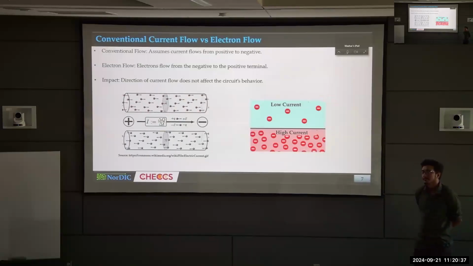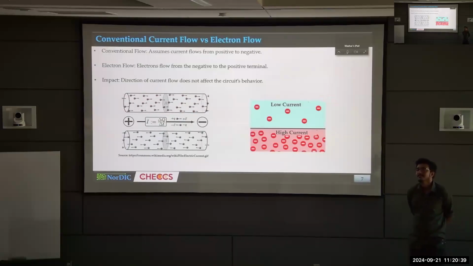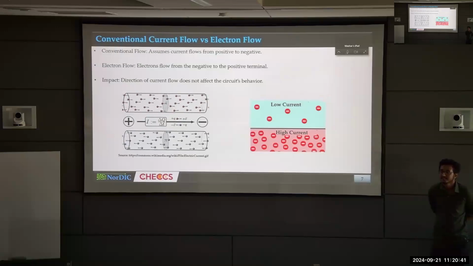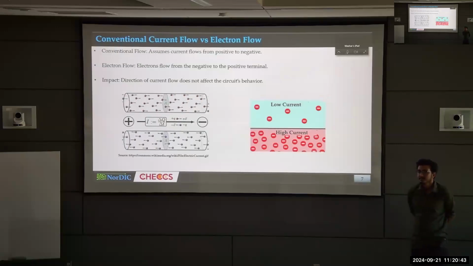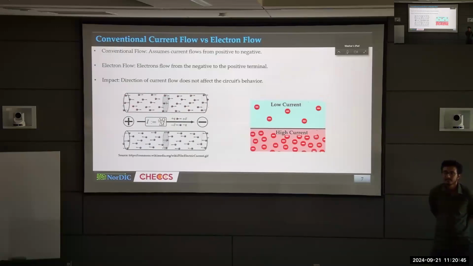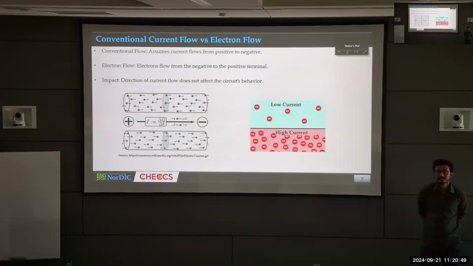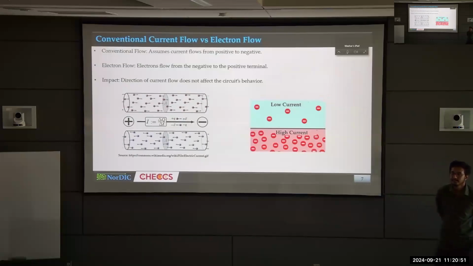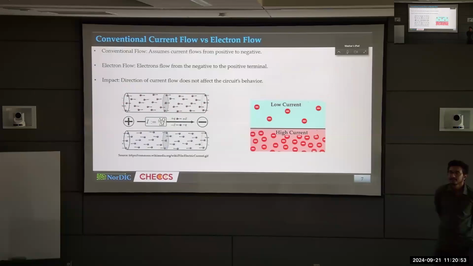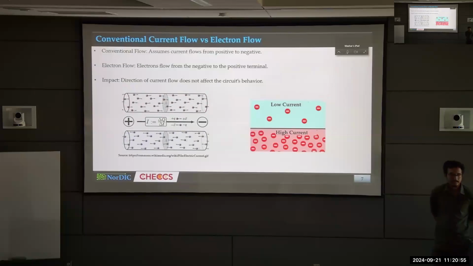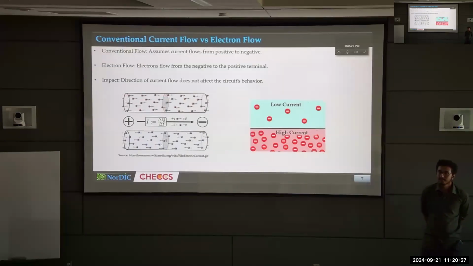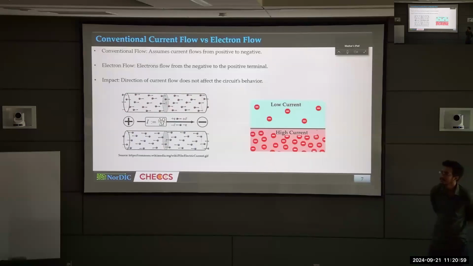We expand to many lanes, right? The same thing with current. If there are lots of electrons, high current, I want a thicker, bigger wire to carry all the current. If I don't have much current, I can have a very narrow, thin wire to carry that number of electrons. So the same concept.